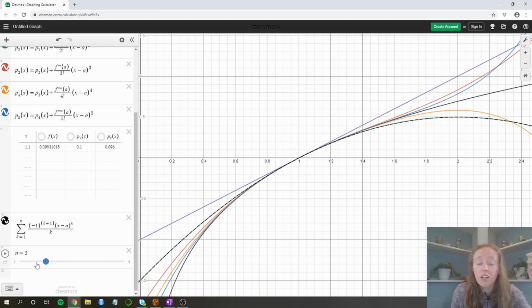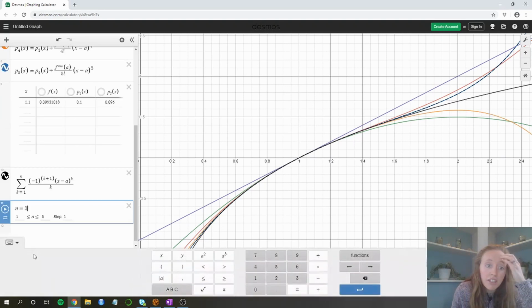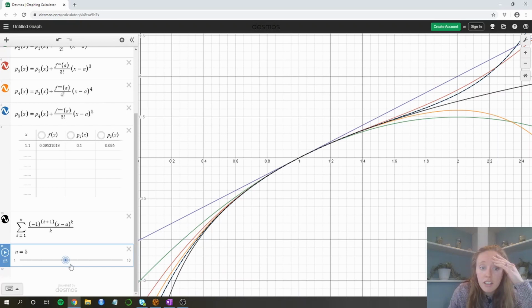Now my line follows our second degree approximation, then it matches the third, then the fourth, and then you can see it'll follow the fifth. And I can continue this on if I stepped it up. Let's go to, say, a Taylor polynomial of 10. That's just going to become more and more accurate about where it's centered around.